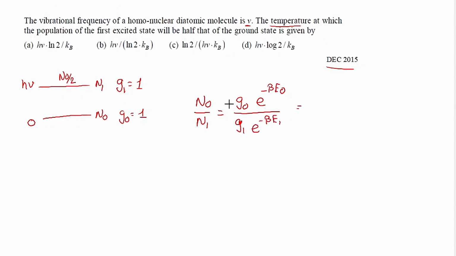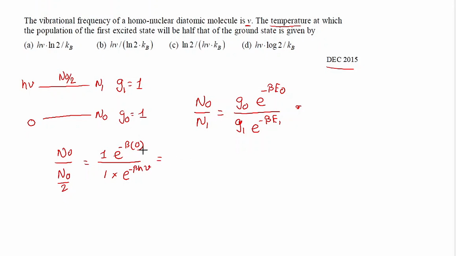Now we know that degeneracies are 1, so both of these will be 1, and n1 we know is n0 by 2, so we will have n0 by 2 equal to 1 times e raised to minus beta into 0 upon 1 times e raised to minus beta h mu.